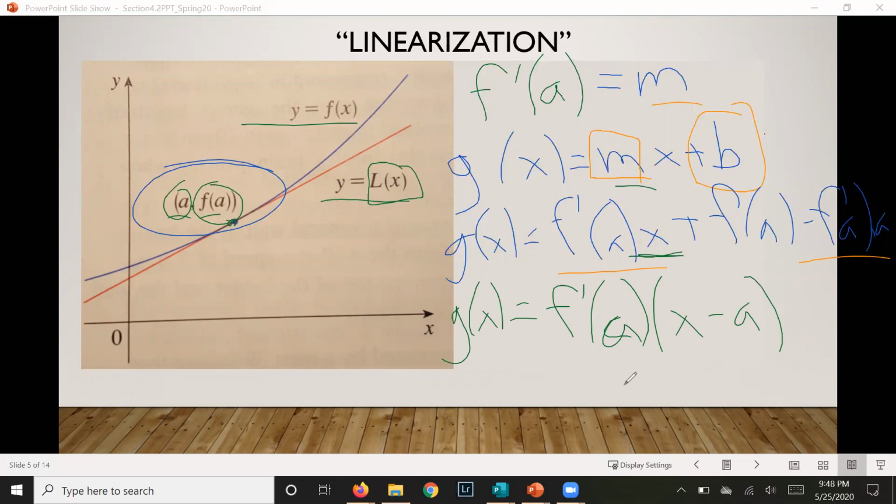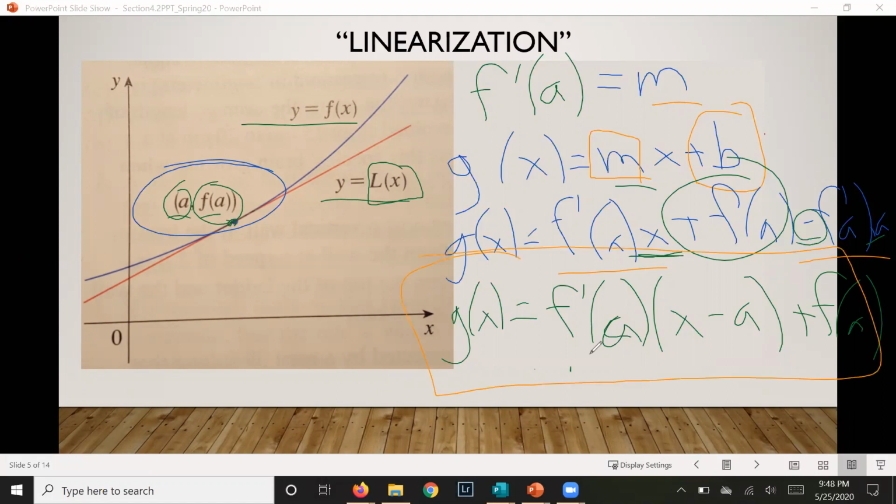So that's coming from the x here, and then the minus a here. And then we still have the plus f of a here. And what this gives us is a general form for the linearization, or the equation of the tangent line, for a function. Okay, if we're trying to do these estimations based on this.